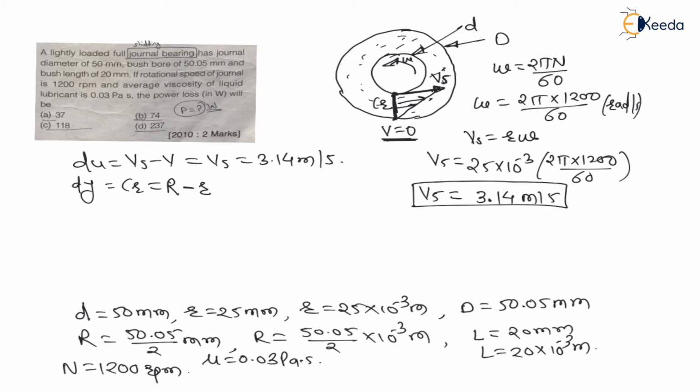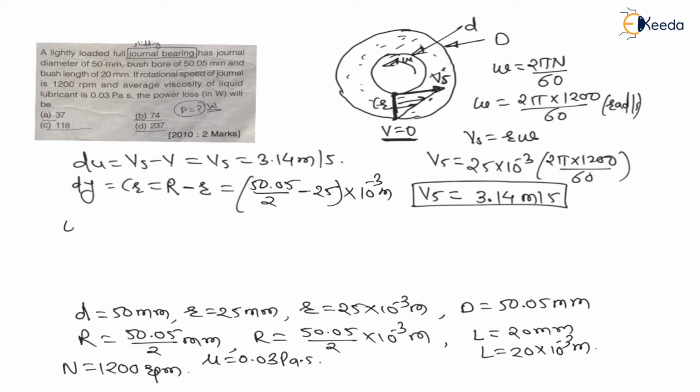Radius of bearing is 50.05 divided by 2, and radius of shaft is 25 into 10 to the power minus 3 in meters. This is the clearance between them, which is called dy.